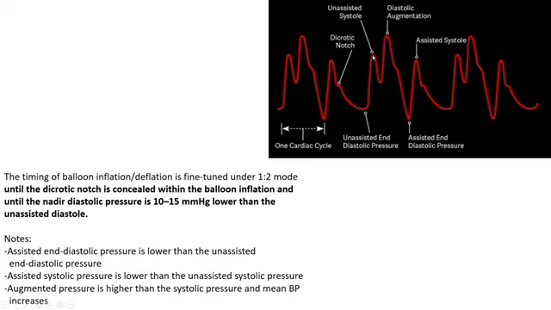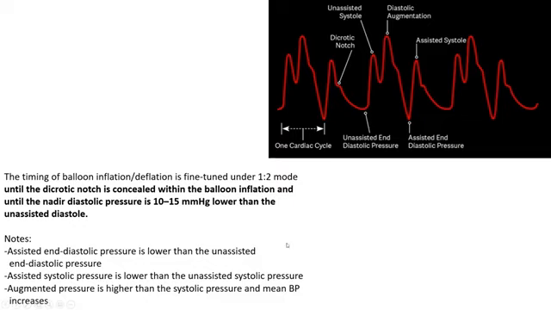So you look, this unassisted systole is higher than the assisted systole. This unassisted diastole is higher than the assisted diastole. And that's what you should see. Typically, the assisted diastole should dip 10 to 15 millimeters lower than the unassisted diastole, and you should seek that. Same with systole, it should be lower than the unassisted one, and you should not see a dicrotic notch. That's what you verify in 1-to-2 mode.